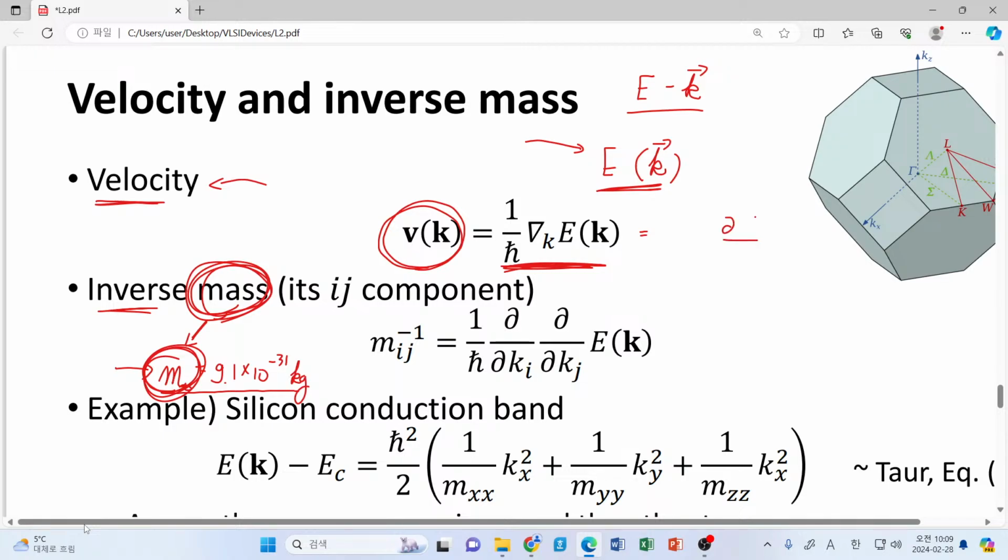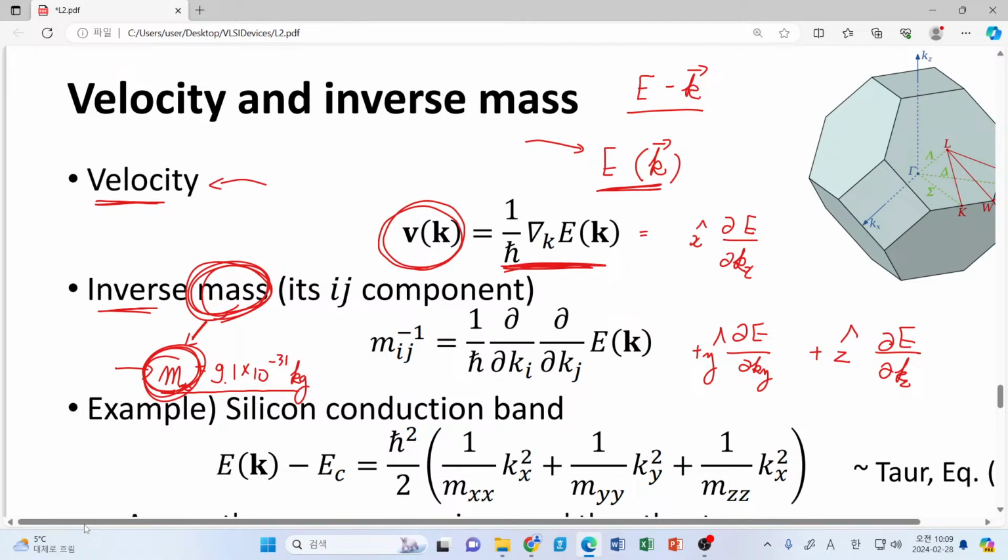We can perform the partial derivative of E with respect to kx, ky, and kz, the x, y, and z directions. That will give us the velocity of an electron whose k value is given by the k vector.